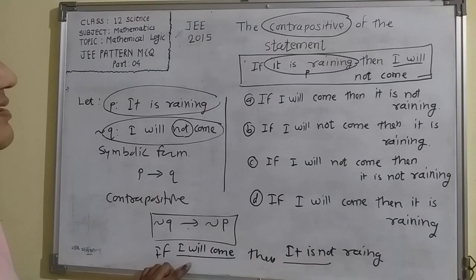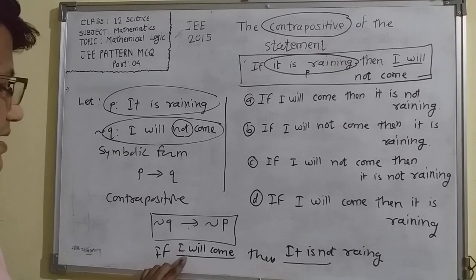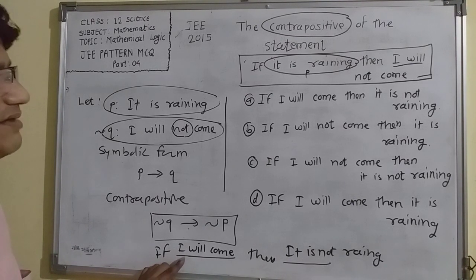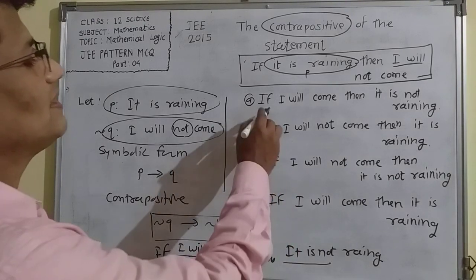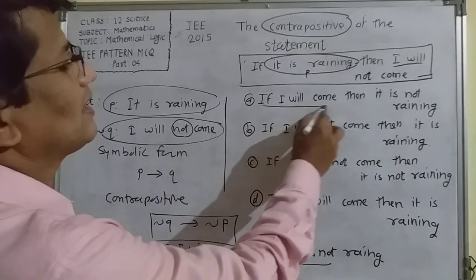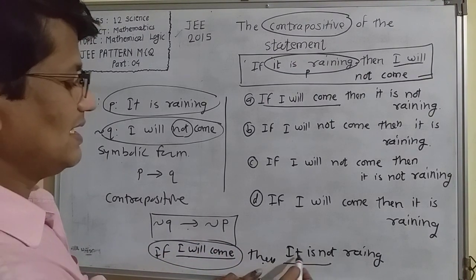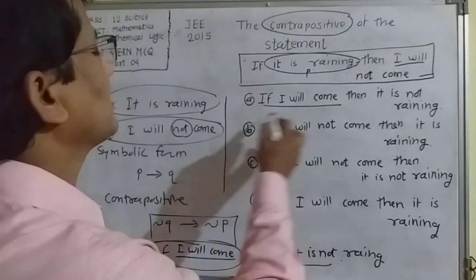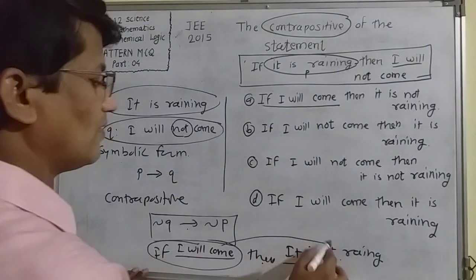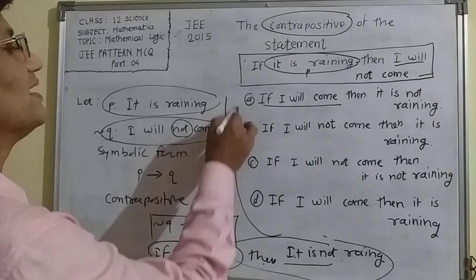Where is it? Option number first. If I will come, just observe this part. Then also here, it is not raining. The correct answer is our whole part, which is given in the first option.